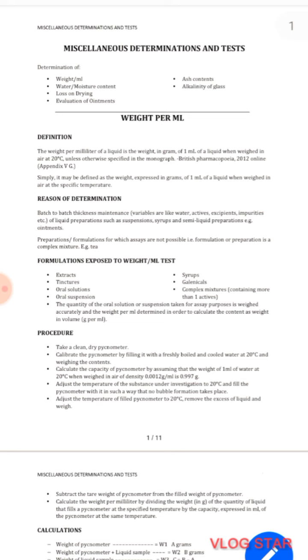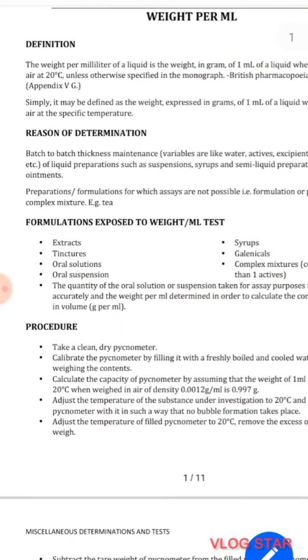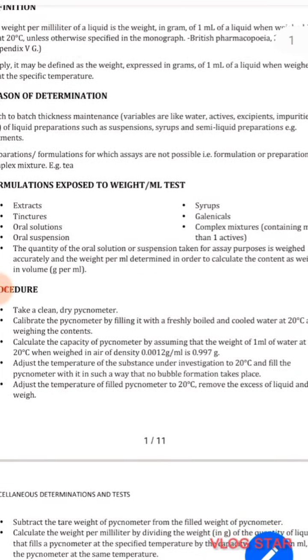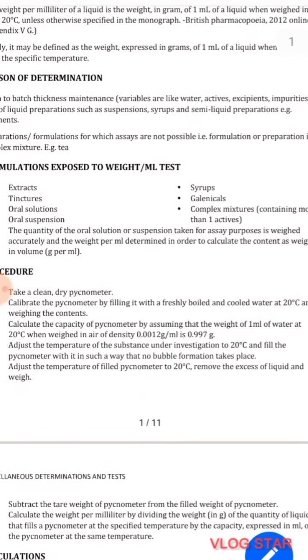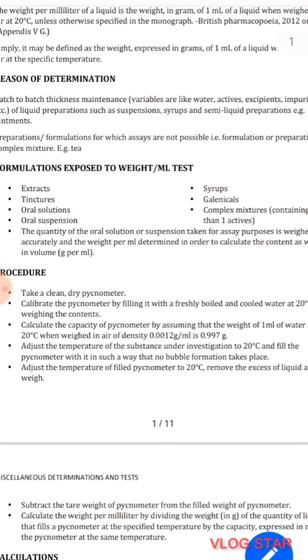First we need to take a pycnometer, and we measure that pycnometer firstly with water. The first point: take a clean dry pycnometer, and calibrate the pycnometer by filling it with freshly boiled cooled water. First you take the water, boil it, and then cool it to 20 degrees centigrade.